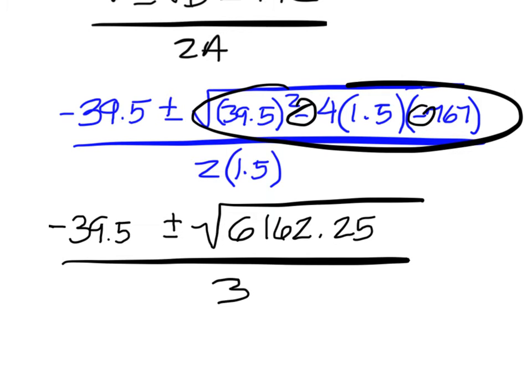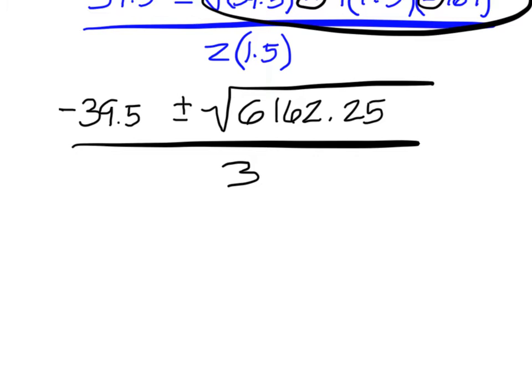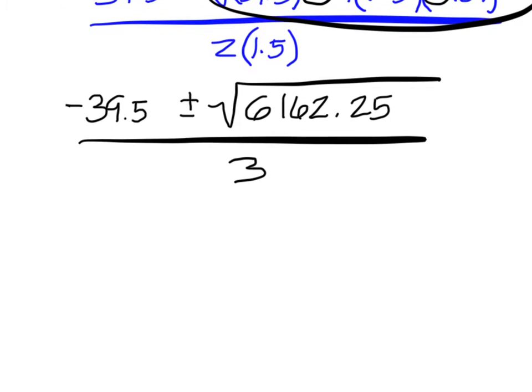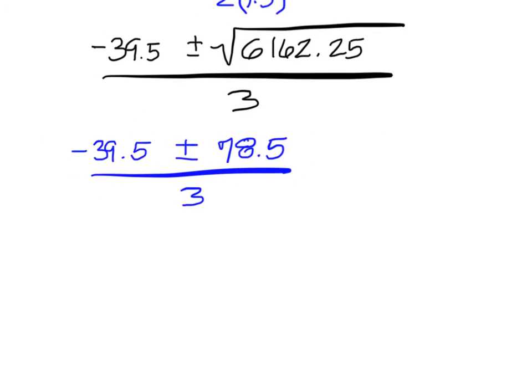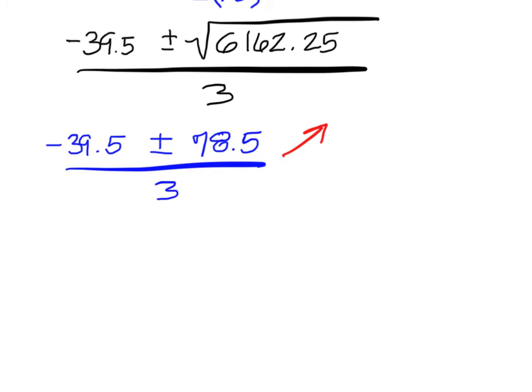On the bottom you have a 3. So the square root of 6162.25 comes out to be 78.5. And we still have plus or minus this, and over 3. So you have to do this both ways, once with a plus and once with a minus.